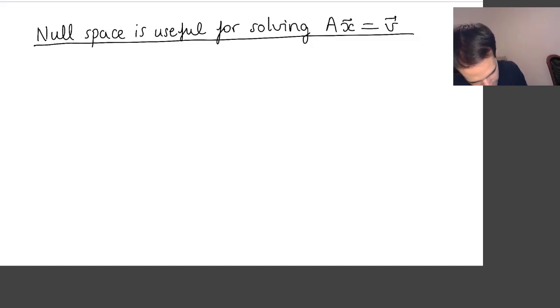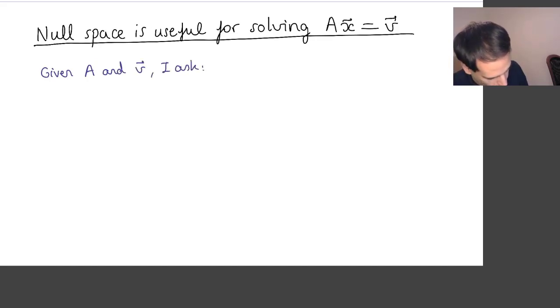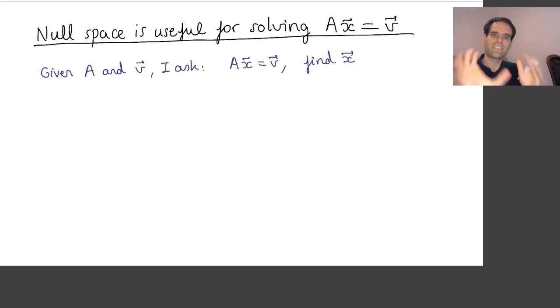So let's say, given a transformation A and a vector B, I ask you: AX equals B, find X. Okay, I ask you this.